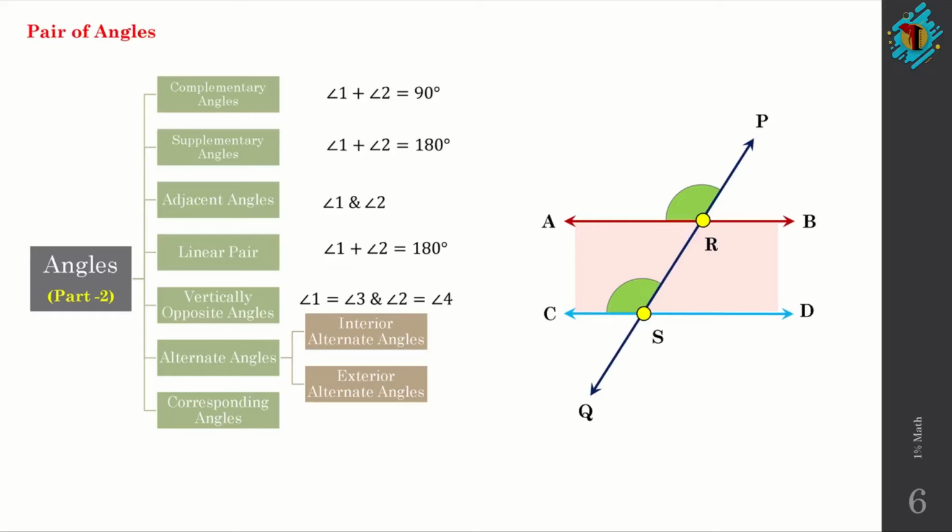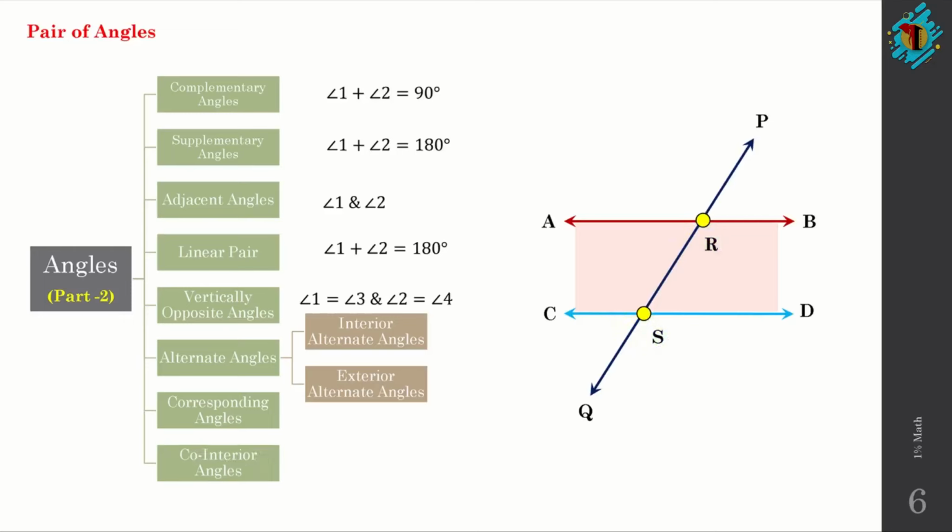Now if you closely observe, we may get three more pairs of corresponding angles. Let us see that. See, PRB and RST. Then again if I take the downwards, that is ARS and CSQ, and one more pair, that is BRS and DSQ. So these are corresponding angles.